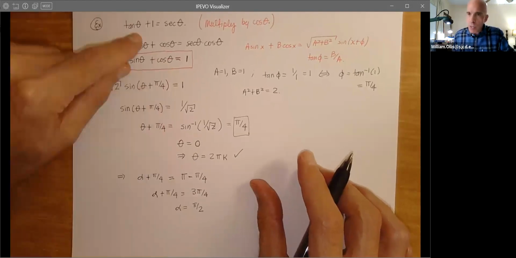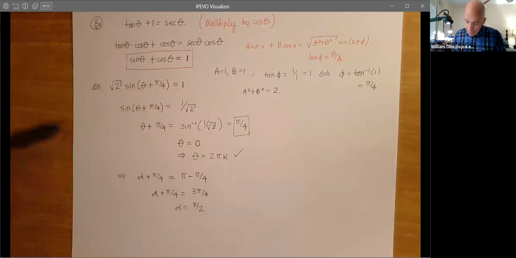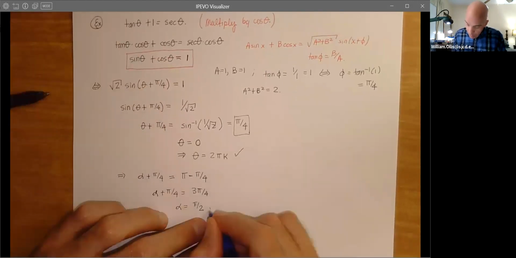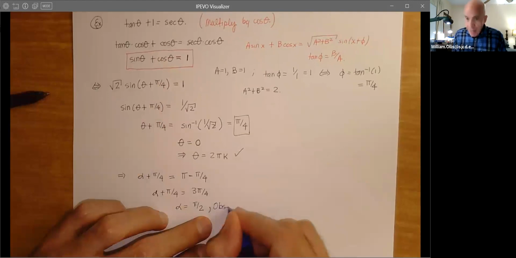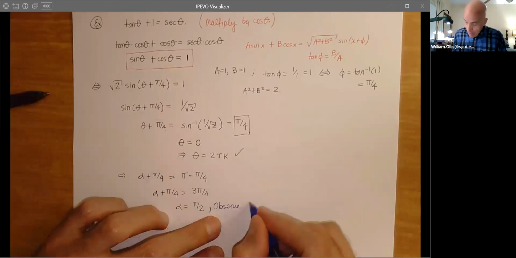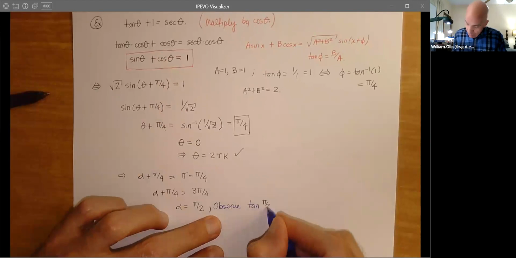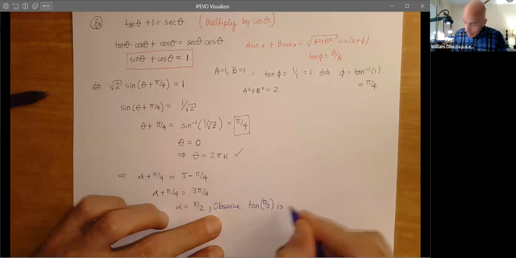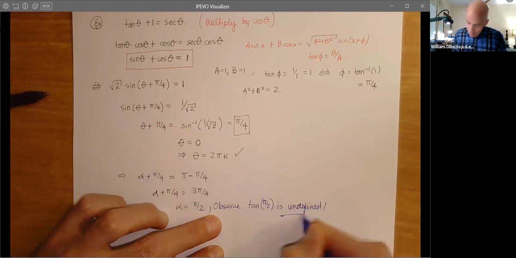Tangent of pi over 2 is undefined. So observe, tangent of pi over 2 is undefined. That's a vertical asymptote. So we have to discard.